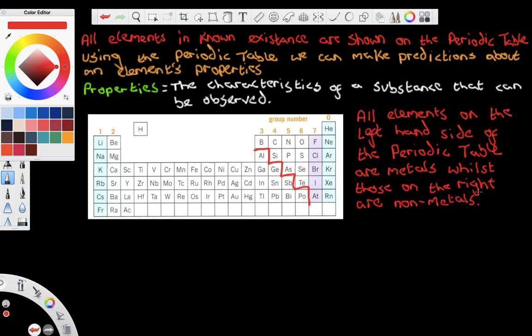Okay? So everything on this side of the red line are metals, everything on this side of the red line are non-metals.